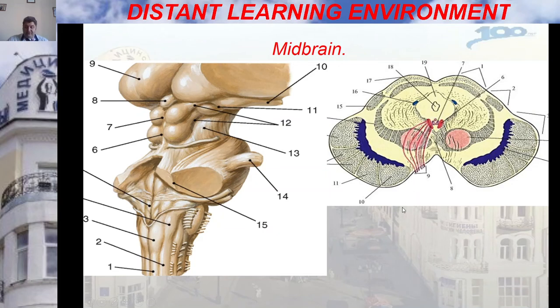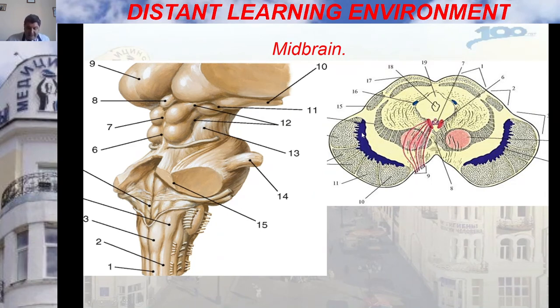So also you may see the gray matter between the tegmentum and peduncle, substantia nigra, black substance.